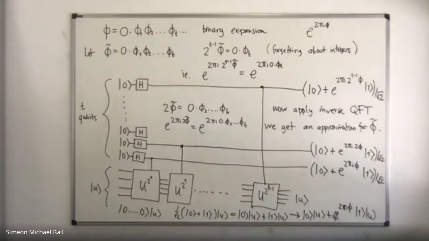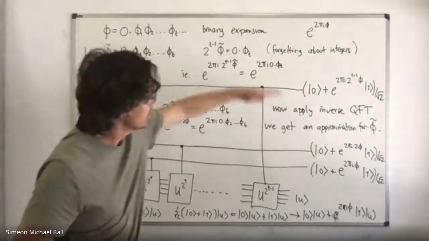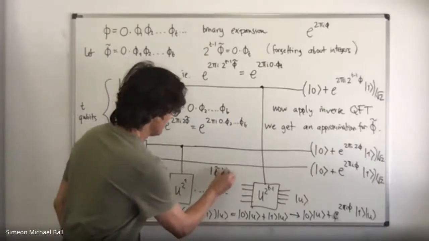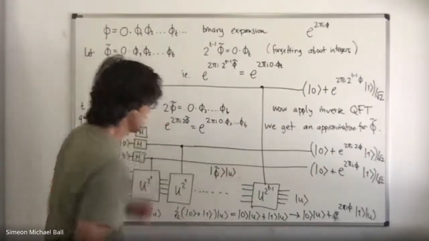I'm just trying to see if actually we do not get no approximation. So if I inverse transform to the first t bits, we end up with basically this.